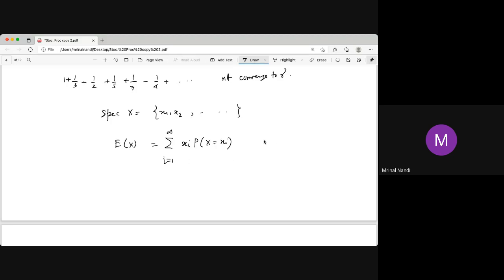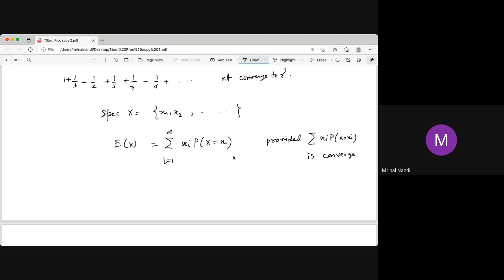So we define this, provided that the series converges. But there is still a problem, because if I rearrange, it may not converge, or it may converge to a different number.